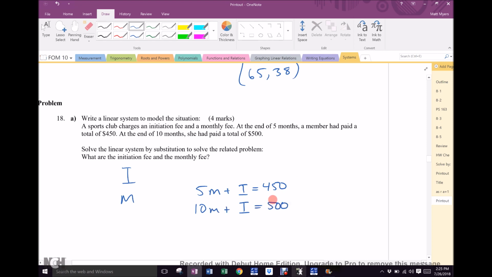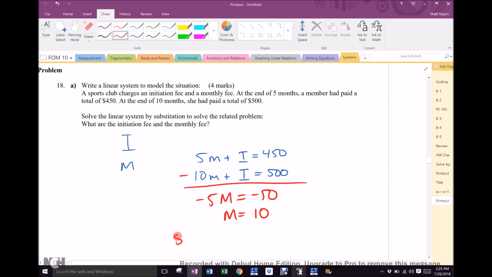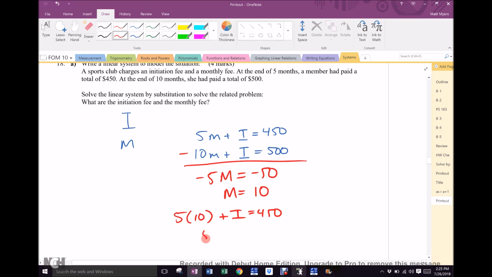So that means that you can do elimination. 5 minus 10 is negative 5m. 1 minus 1 is 0 equals negative 50. So m equals $10. Once you know m is $10, 5 times 10 plus I equals 450. 50 plus I equals 450. I equals 400.